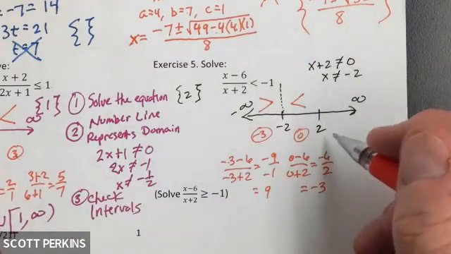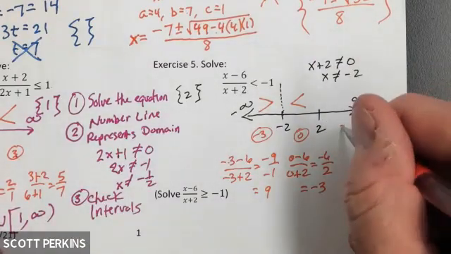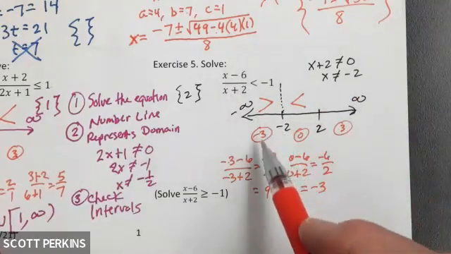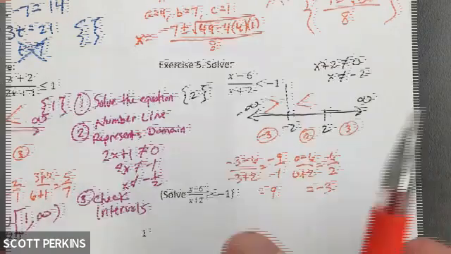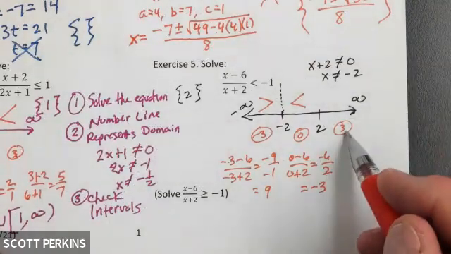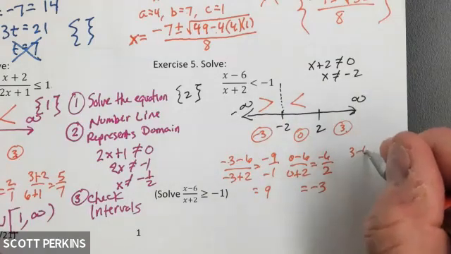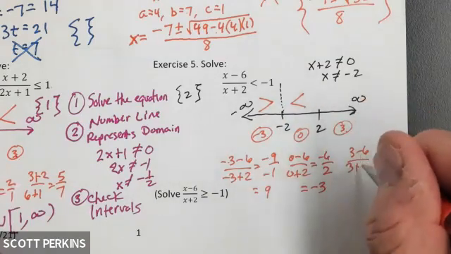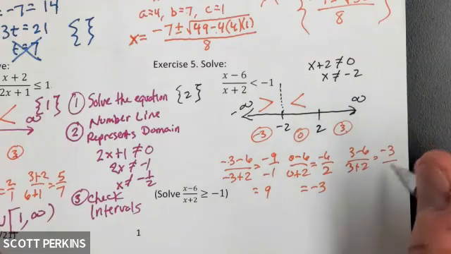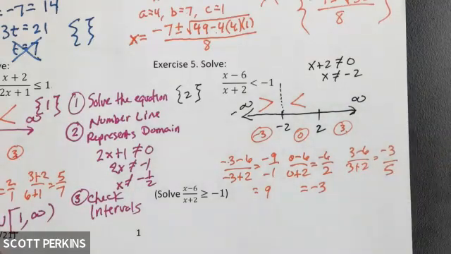And then finally, I'm going to pick 3 from this interval. Doesn't matter, pick whatever you want. If you picked different values than I did, you should be coming to the same conclusion that I do. That should not change. So 3 minus 6 in the top, 3 plus 2 in the bottom. 3 minus 6 is -3. 3 plus 2 is 5, so -3/5 or -0.6.